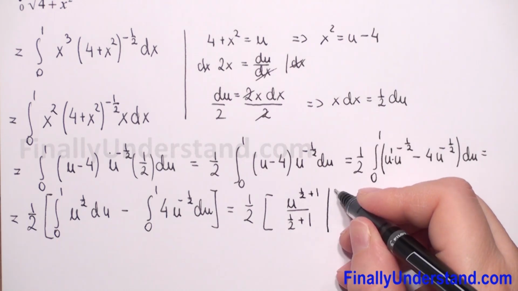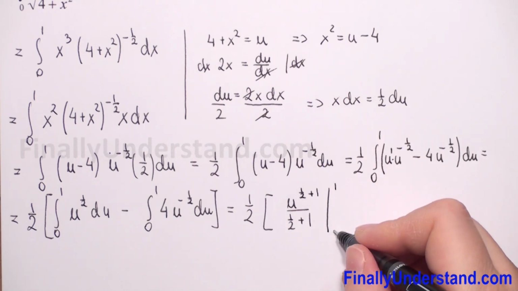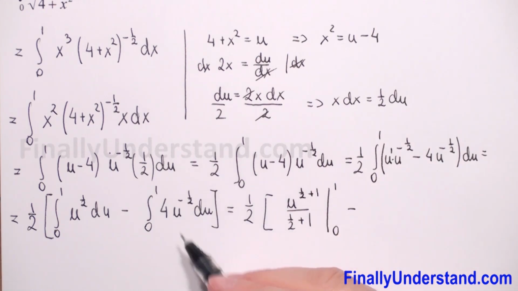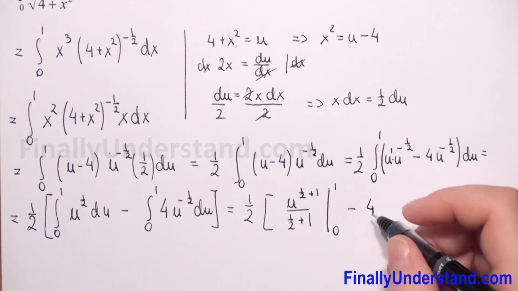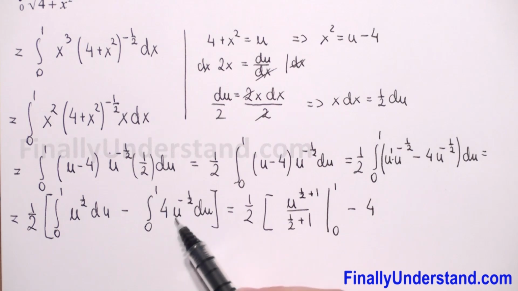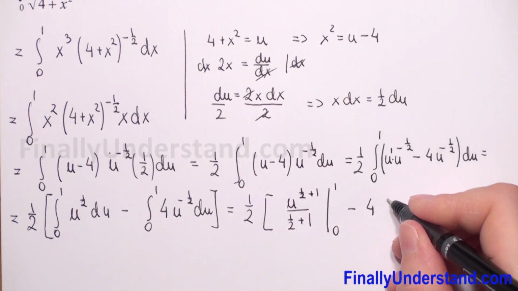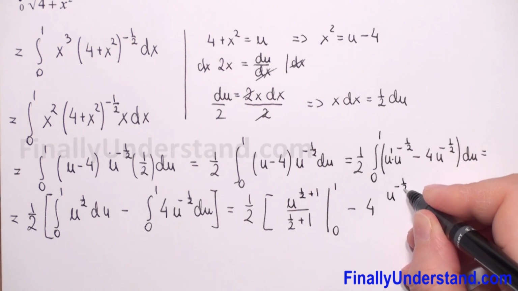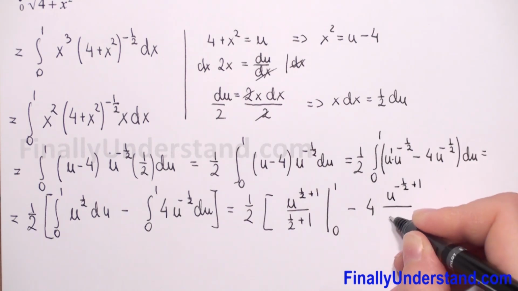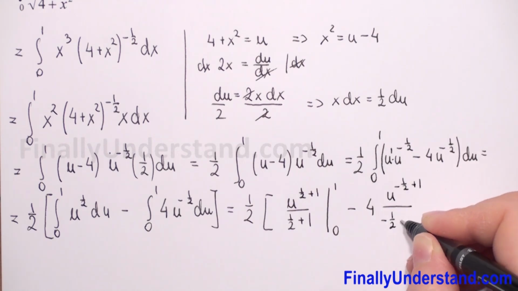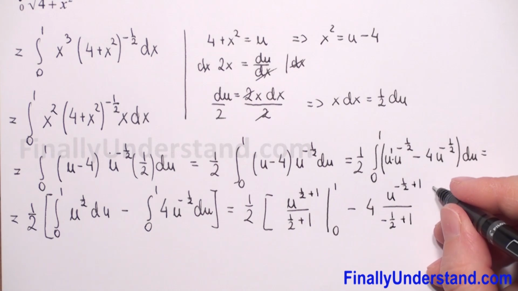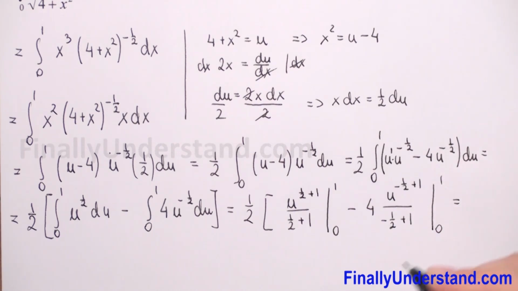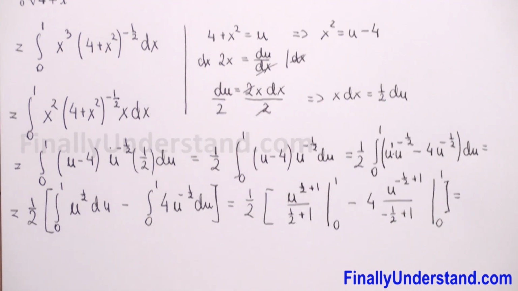On the top we have upper limit 1, on the bottom we have lower limit 0, minus, and now we have to copy first 4, and again we have to use the integral of power function formula. So we will have 4 times u to the power negative 1/2 plus 1 over negative 1/2 plus 1. And we have limits from 0 to 1. We have to close the brackets.